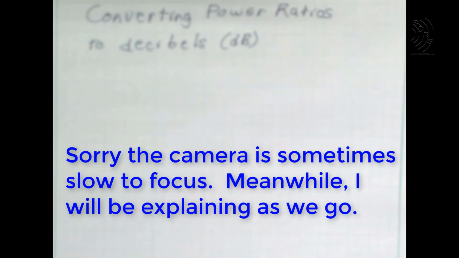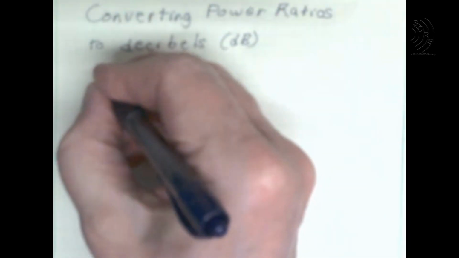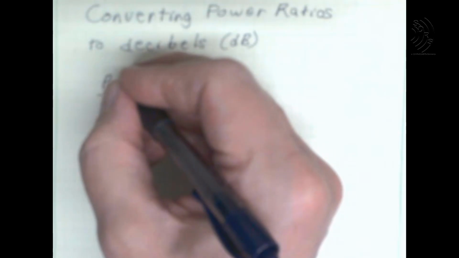First, we'll take a look at converting power ratios to decibels. The formula for calculating decibels from power ratios is shown here. So first we take the ratio P2 over P1.